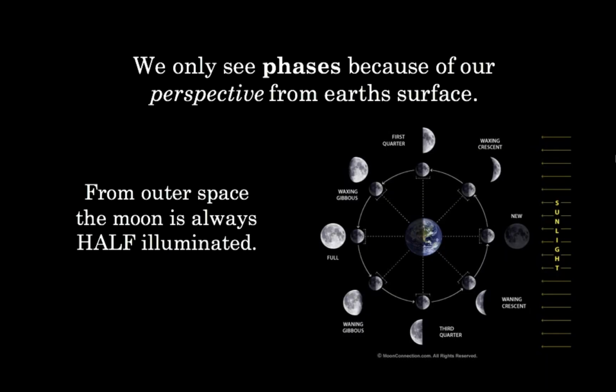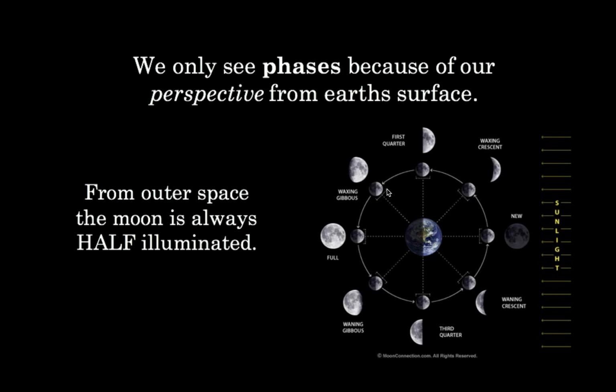Moon phases work in a similar way. We only see the phases of the moon because of our perspective from Earth. From outer space, always half of the moon is illuminated, or lit up. So if you look at the diagram, the sunlight is coming from the right side, and the moon in all of these phases is always half lit up.